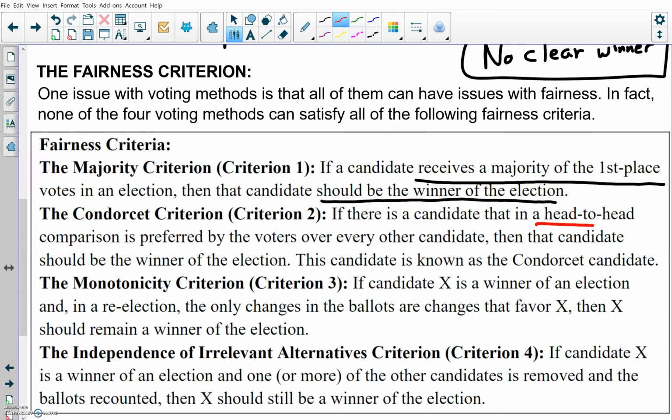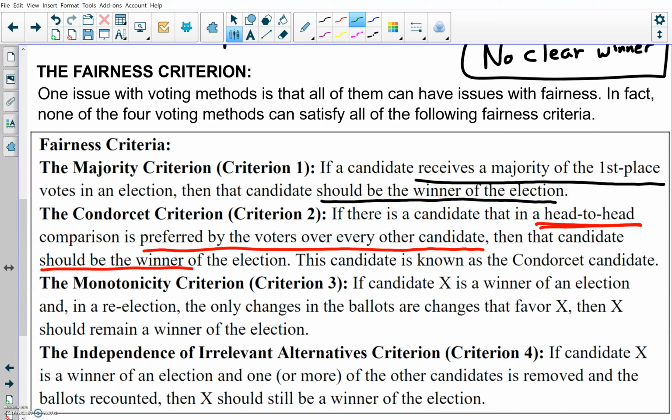If there's a candidate in a head-to-head, that's kind of a key thing you'll be looking for, and they are preferred by the voters over every other candidate, then that candidate should be the winner. If they're not, the Condorcet criterion was violated, and this candidate is known as the Condorcet candidate.